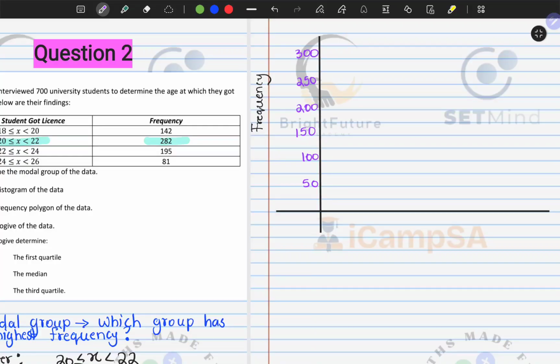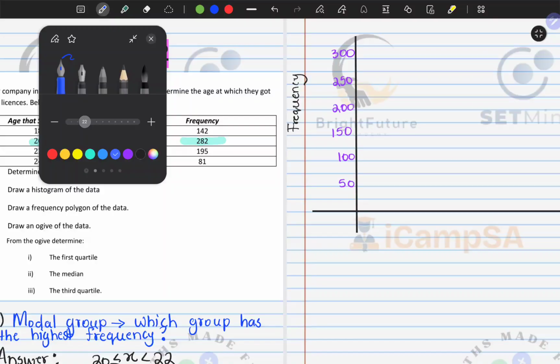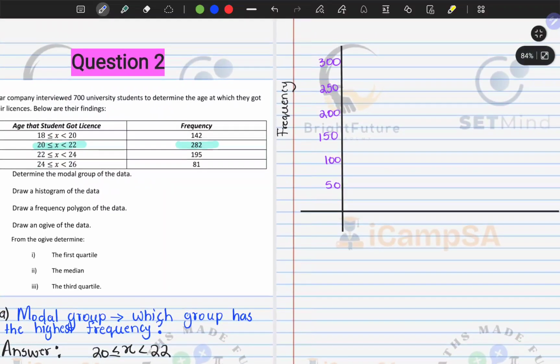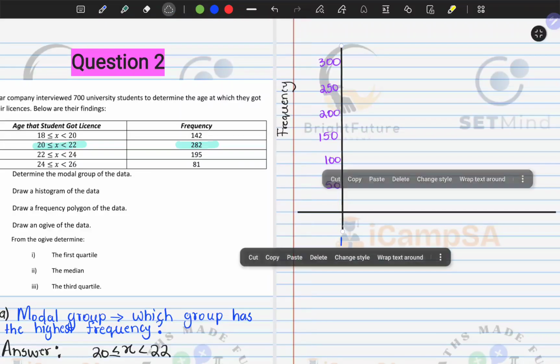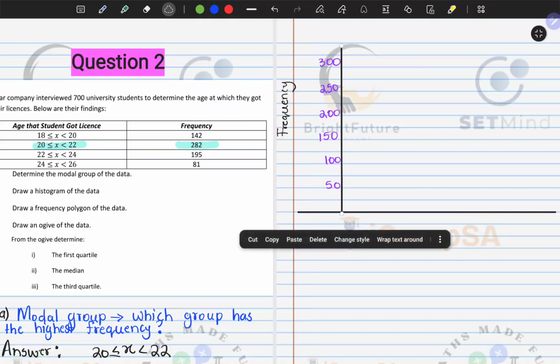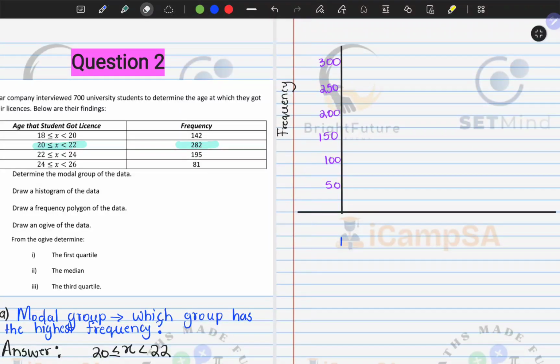You can have values in between, and then now we can go ahead and quickly put up what we have here. So I'm going to have 18 at the starting point. Right. So where we start, I'm going to start off with 18.